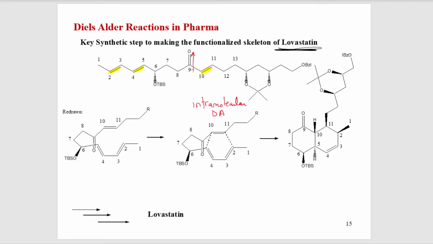I've bent it into the S-cis configuration and drawn the 11-10 dienophile close enough for the reaction. And in one pot with just some heat, you get 2 new carbon bonds in one step, giving you the bicyclo system, the 6,6 bicyclo system, on its way to lovastatin. Pretty slick, elegant chemistry.